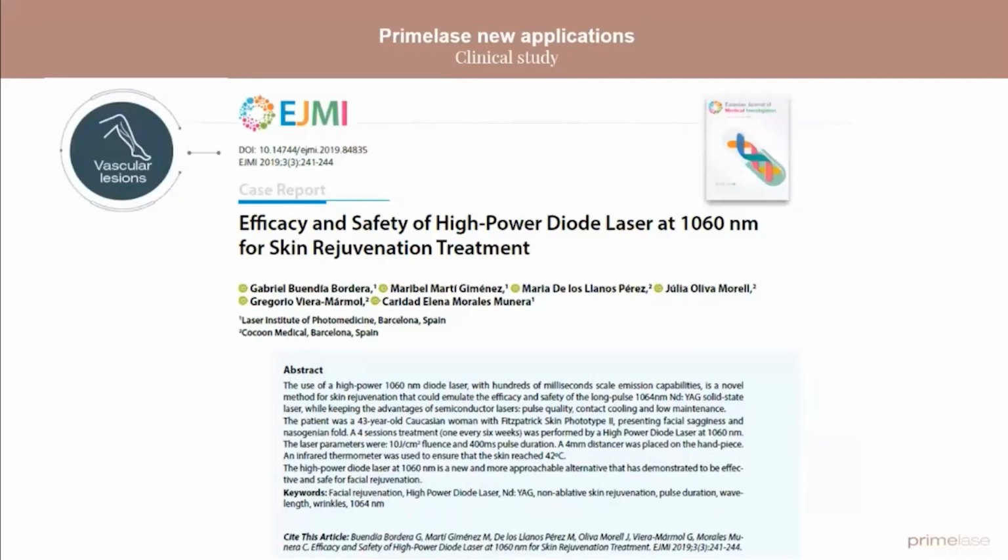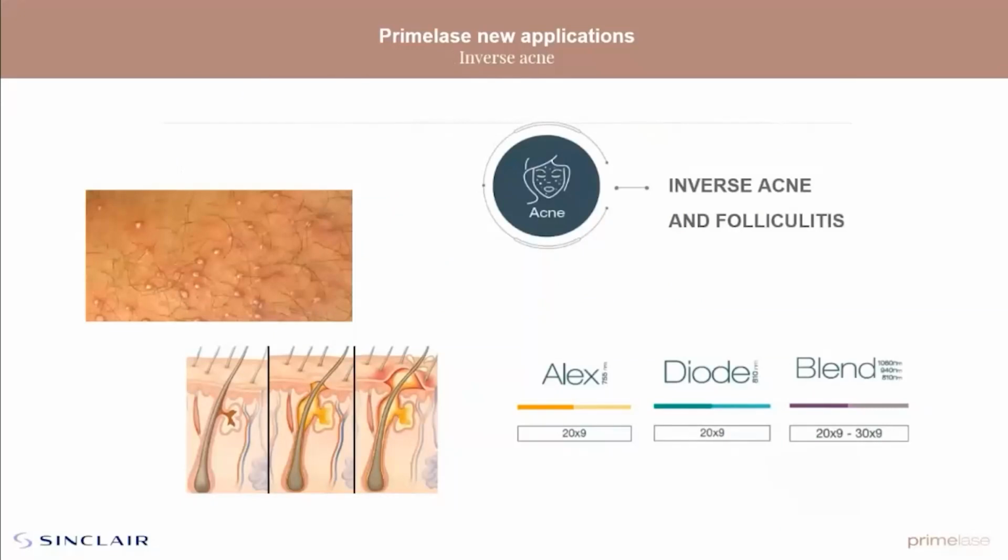And again, another study you can read if you think it's interesting for you. Last treatment, acne. We want to explain really well that the acne we treat is inverse acne, or follicular acne. This acne appears because the hair is somehow stuck in the skin.